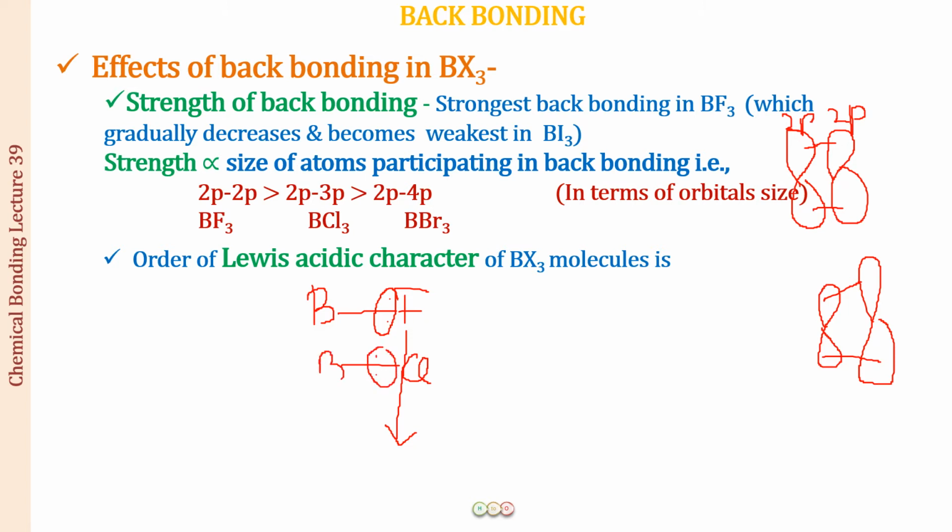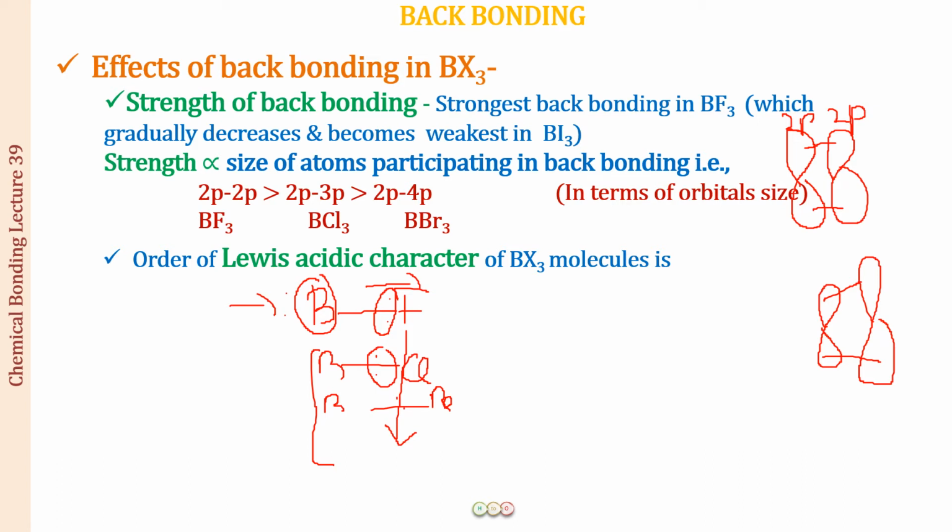And as we move from chlorine to bromine, it is going to be still less pull towards bromine because the electronegativity is going to decrease further, and as we move towards iodine, similarly. So when we have boron and fluorine forming a bond, the electron pair is more towards fluorine, so boron is going to be more electron deficient. If it is going to be more electron deficient, it should accept an electron pair more easily in comparison to the rest of the boron trihalides.